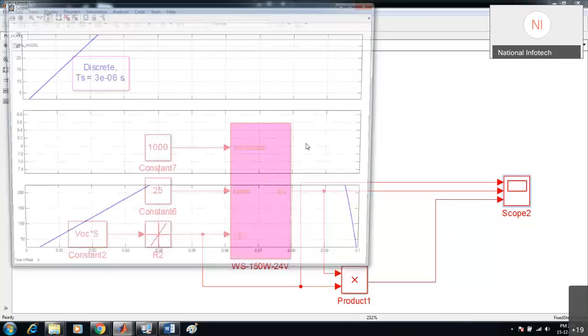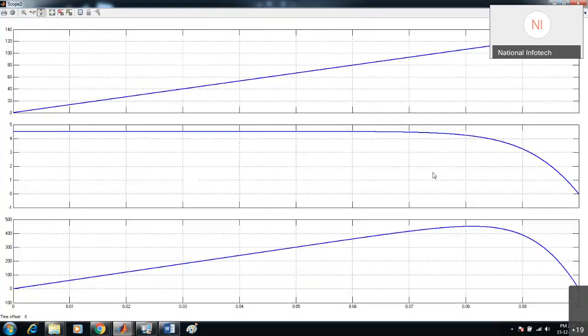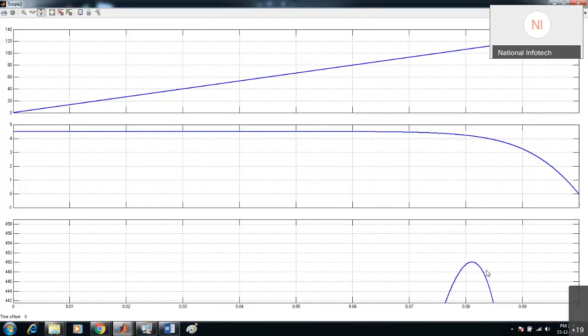Let us see the waveforms. You see this third waveform represents the power of our three series PV panels. The power is 450 watt.